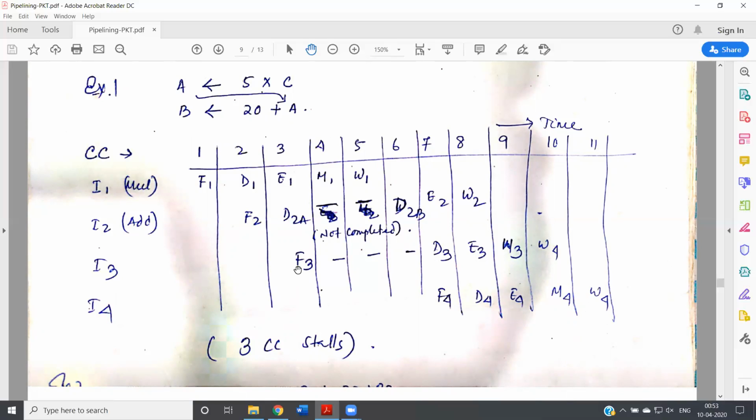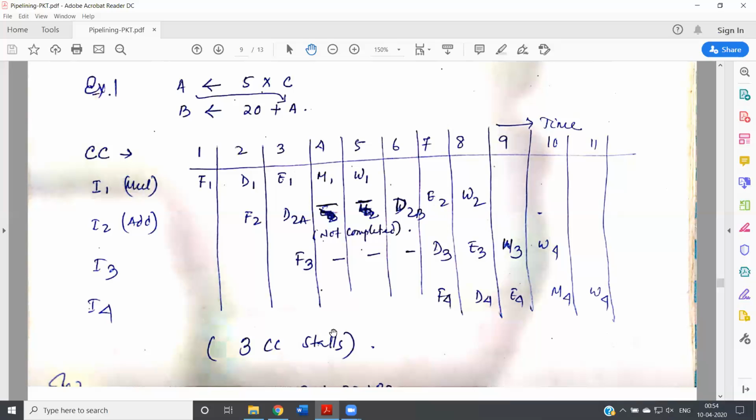Although instruction 3 is fetched in clock cycle 3, it can do decode only in clock cycle 7, because instruction 2 is in execution, and subsequently the other instructions follow. Now look here: instruction 2, which was supposed to be completed in the 6th clock cycle, is now completing in the 9th clock cycle, with memory and write back at the end.